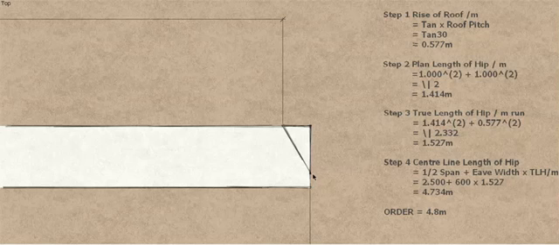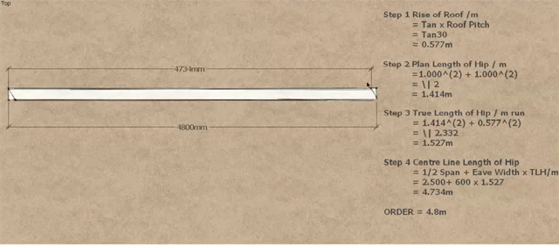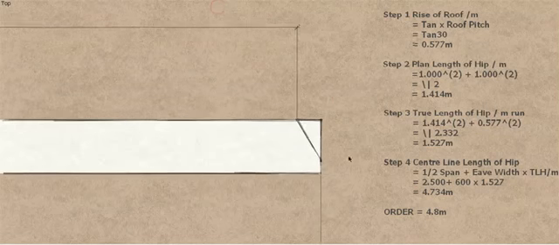Depending on what you're going to do with the end of your hips, some people actually cut the overhang of the hip off a little bit, or they reduce the width because they want it to match their rafter size, but other people don't. So it depends on what your preferences are, what the people doing the work's preferences are, whether you stick with the 4.8 or whether you want to round up to the next size. The next size would be a 5.1. So just something to be aware of. If your roundup is not very much, then maybe you want to round up to the next size to stop that little phenomenon happening.